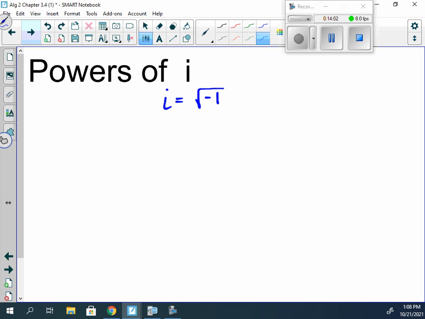But here, we've already said i is the square root of negative 1. Now we won't really be writing the square root of negative 1, we'll just leave it as i. Now i squared is really just saying that we have the square root of negative 1 squared. Well, the square root and the square cancel, leaving us with just negative 1. So i squared is negative 1.